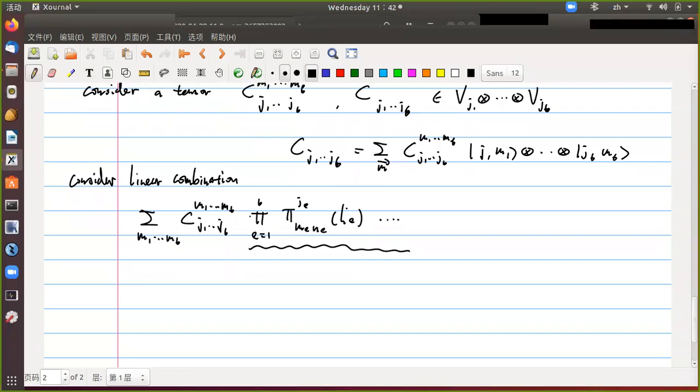Now let's consider the gauge transformation.